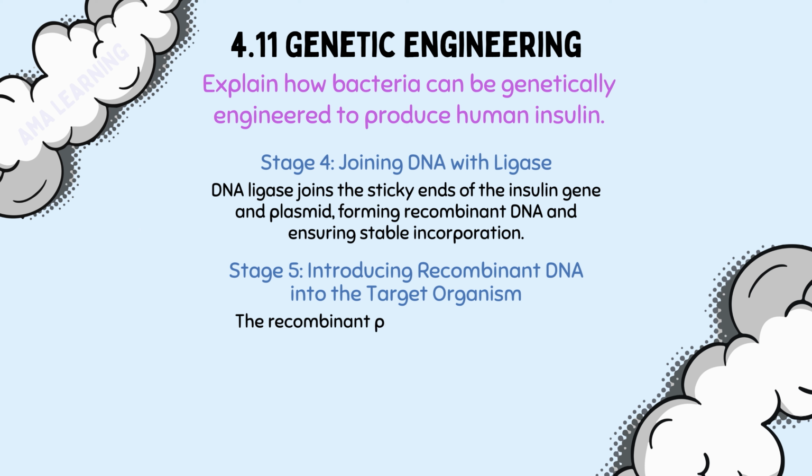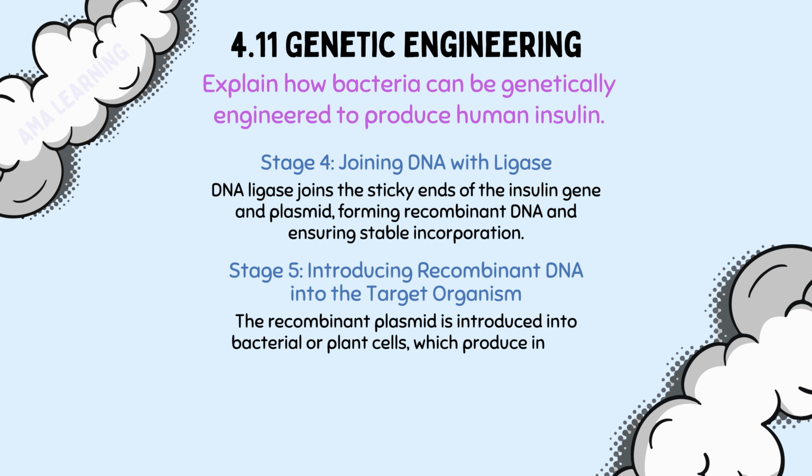The recombinant plasmid is introduced into bacterial cells and can be added directly into plant cells too. These organisms then take up the recombinant DNA. For example, the plasmid carrying the insulin gene is inserted into a bacterial cell. The bacterial cell then produces insulin that can be extracted and used by diabetic patients.